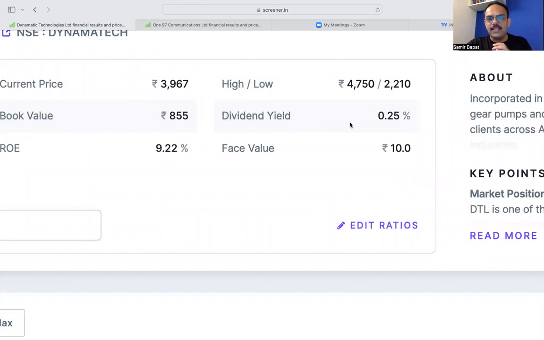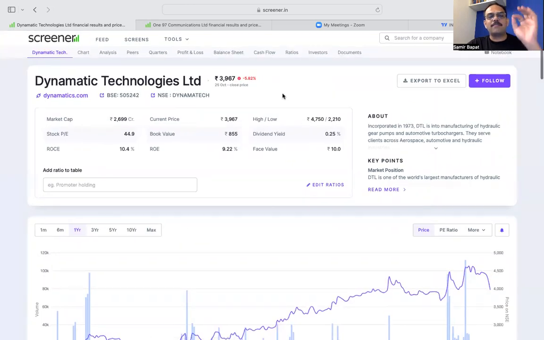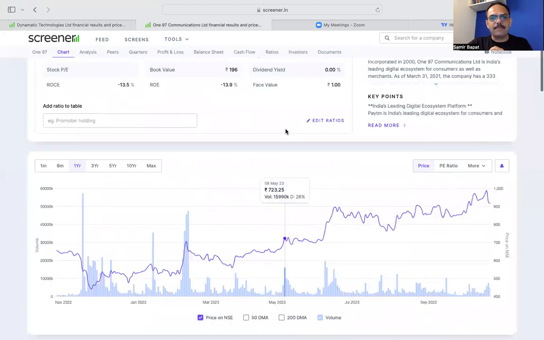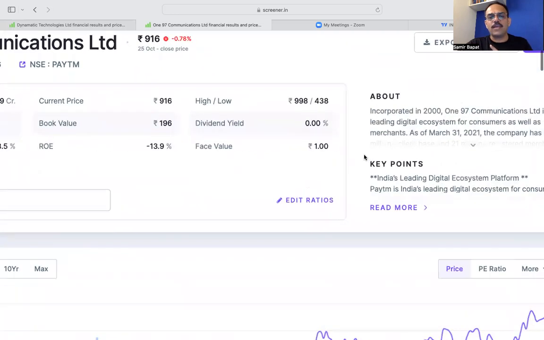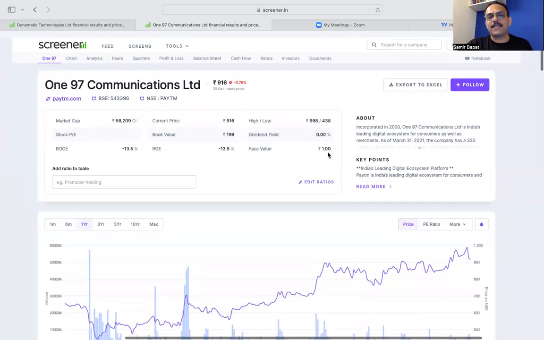So here you can see the face value is 10 rupees, but actual current market price is 3,967. So when the company was formed, the one share was 10 rupees. Now that 10 rupees share is worth 3,967 as of now. If you see Paytm current market price is 916, but the face value is 1 rupee. Okay, so the face value is 1 rupee. Current market price is 916.